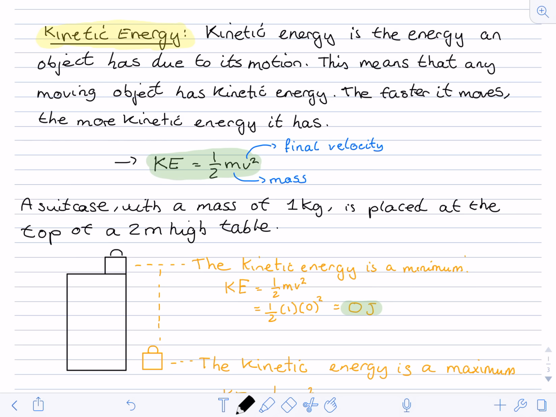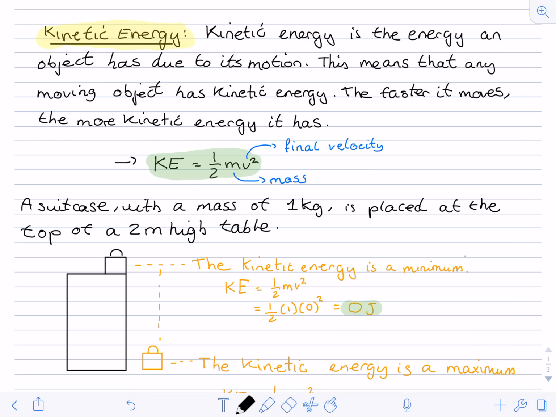So let's consider the 1 kilogram suitcase on the table that we discussed earlier in the other video. When the suitcase falls, it will gain velocity because it's falling faster and faster until it reaches the ground with a maximum velocity. The suitcase will not have any kinetic energy when it's on top of the table because it's not moving.